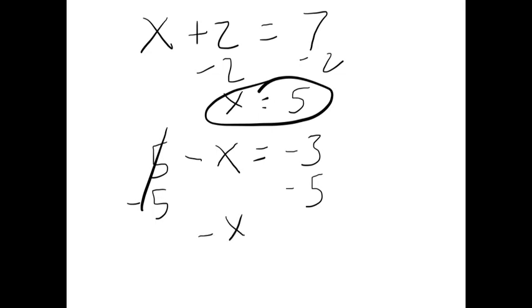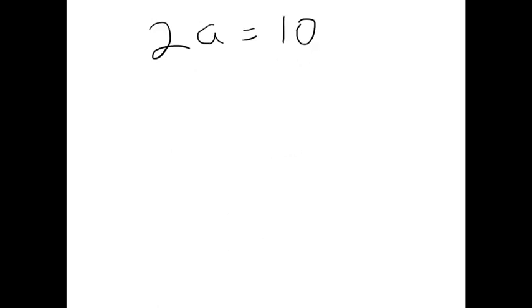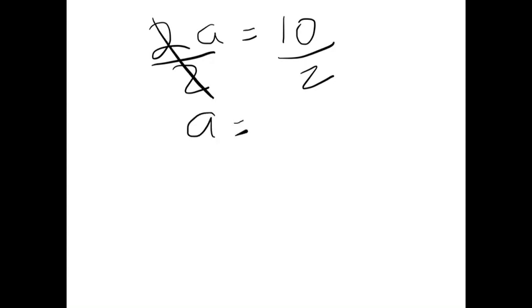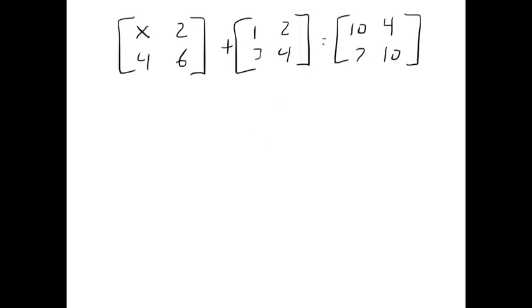So negative x equals negative 8, which means that positive x must equal positive 8, dealing with negatives. And then the easy undoing multiplication technique. Divide both sides by the coefficient of a on this side, leads to cancellation, so a equals 5. All that easy stuff is going to be used along with matrices.